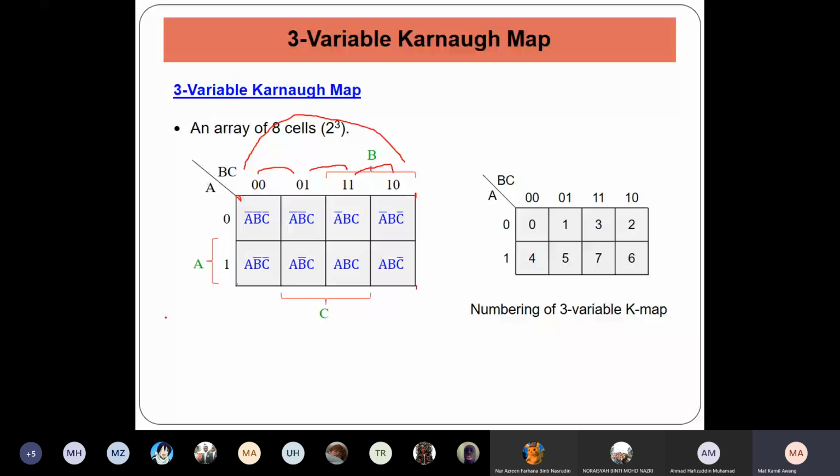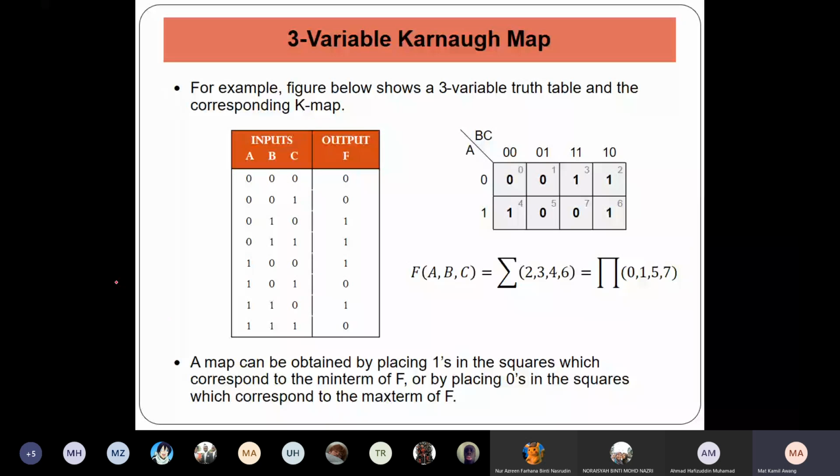For example, you have this 3-variable K-map. The figure below shows a 3-variable truth table and the corresponding K-map. This is the truth table, and you want to convert it into the K-map.